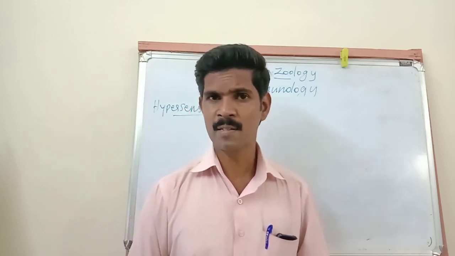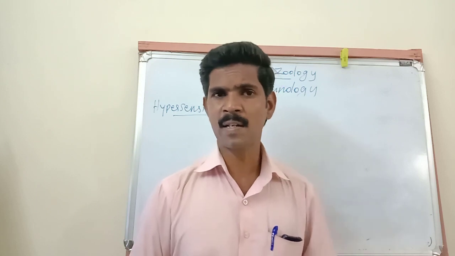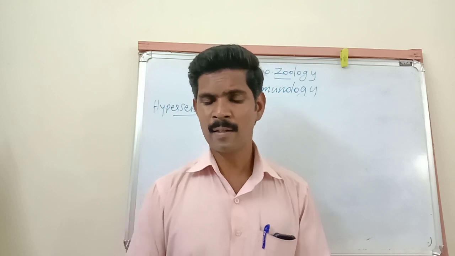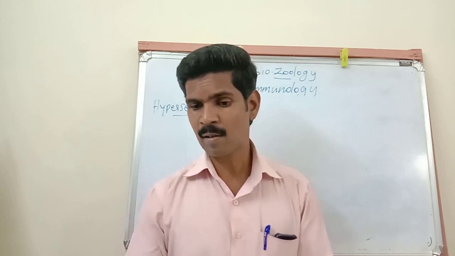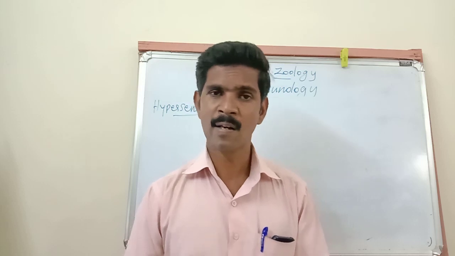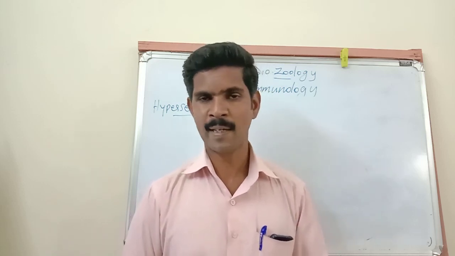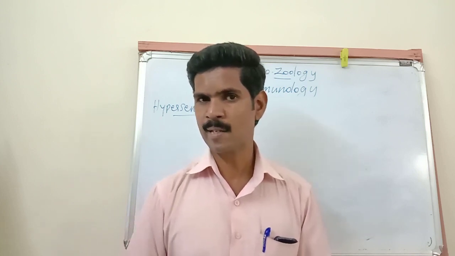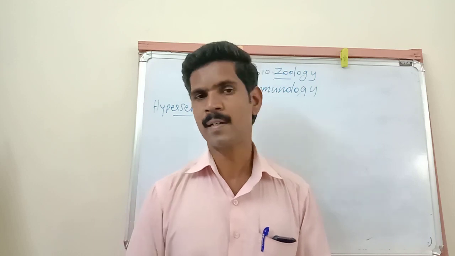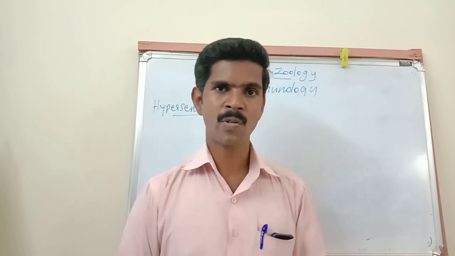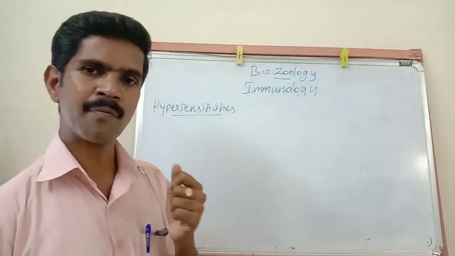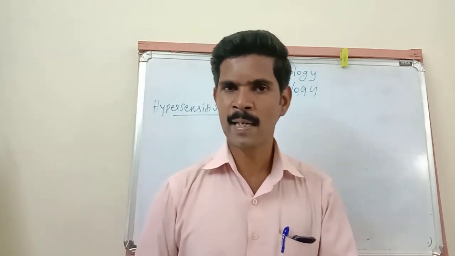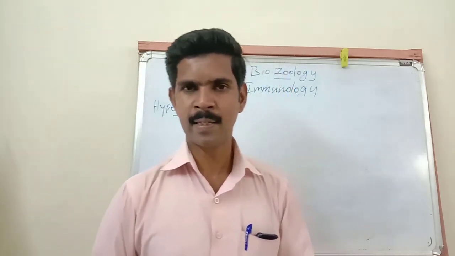The reaction starts when the allergens contact our body, takes place immediately, and lasts for a maximum of 30 minutes. So now we have completed the second topic, hypersensitivity. A very important question: the reason for the allergic reaction is the IgE antibody.